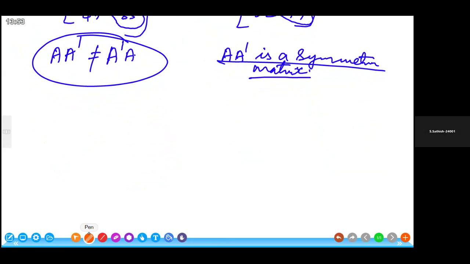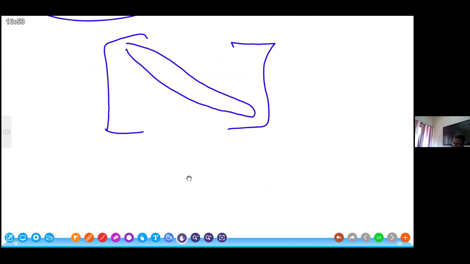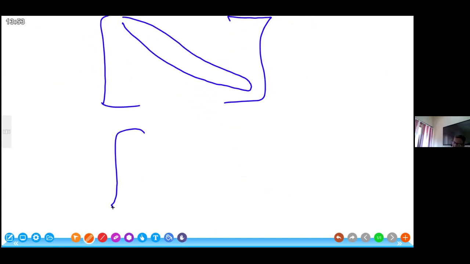Sir, excuse me. How to identify the main diagonals? In a matrix, this is the main diagonal. Let's say the element A11 is a diagonal.